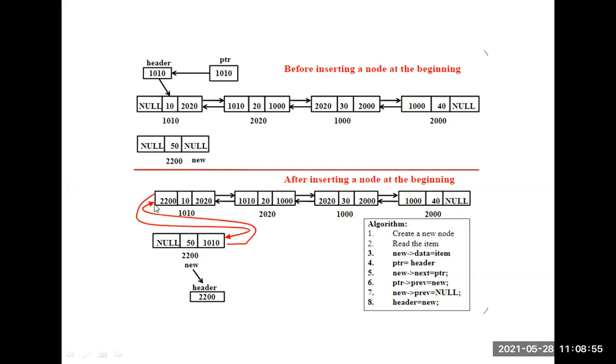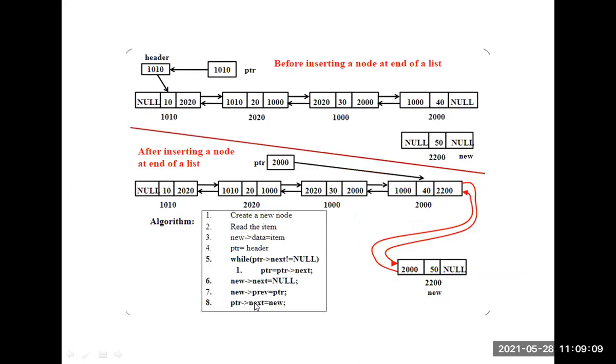This part we call head of left link, so head of left link equals temp. Then return temp. In this way we insert at the beginning. Clear students? Any doubt?